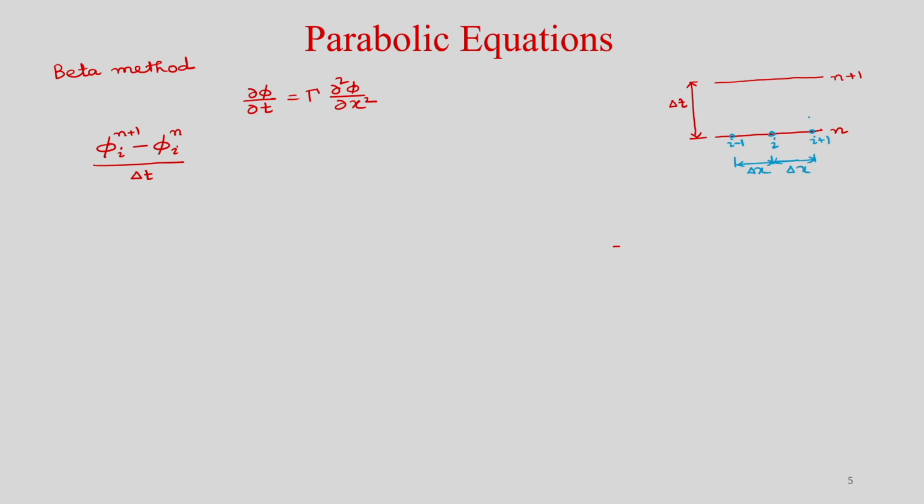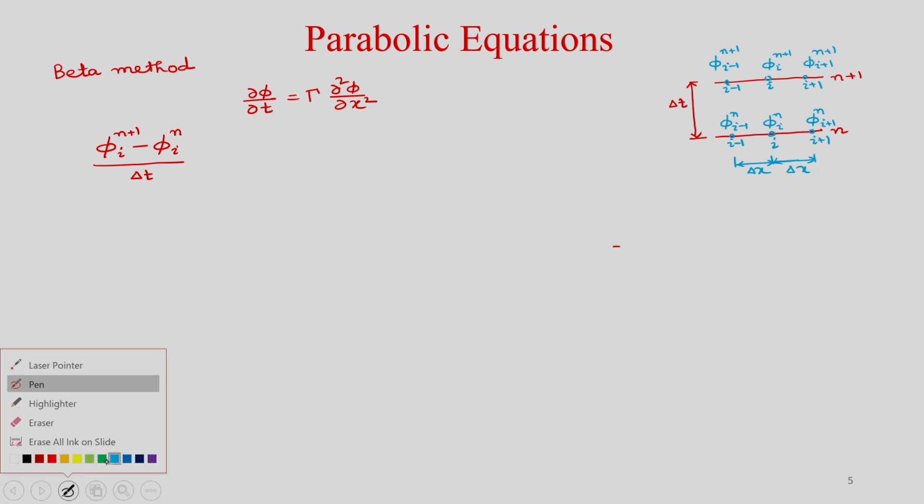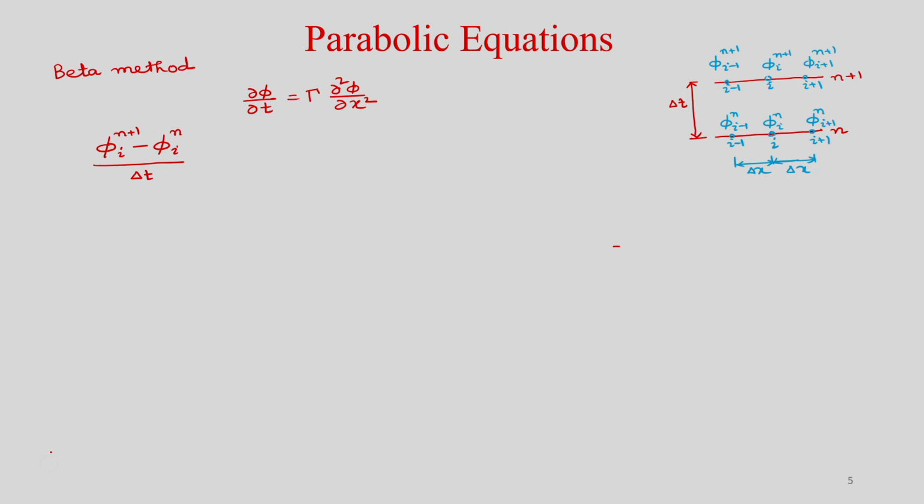Similarly, you have phi I plus 1, phi I n and phi I minus 1 at time level n, and at the n plus 1 time level also you will have the discrete points I plus 1 and I minus 1: phi I n plus 1, phi I plus 1 n plus 1 and phi I minus 1 n plus 1. Now if you discretize this equation using the beta method, we will write it like this.